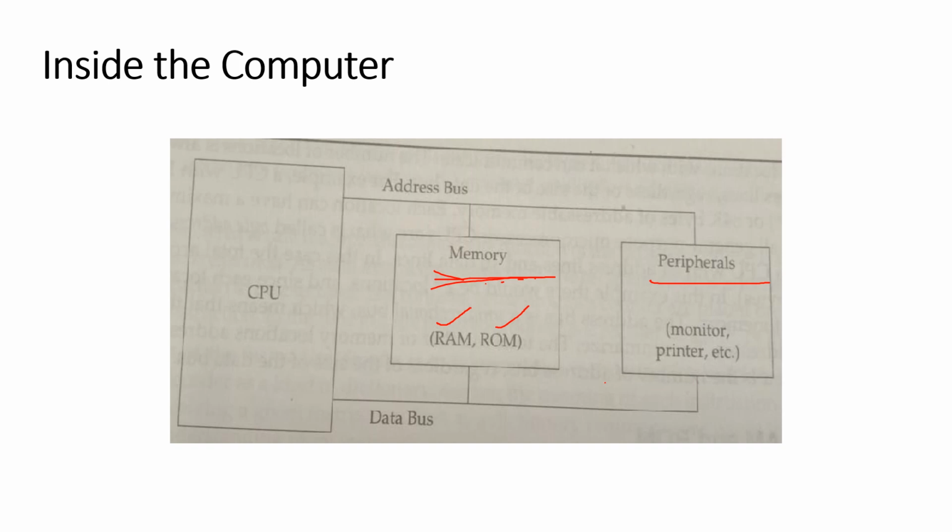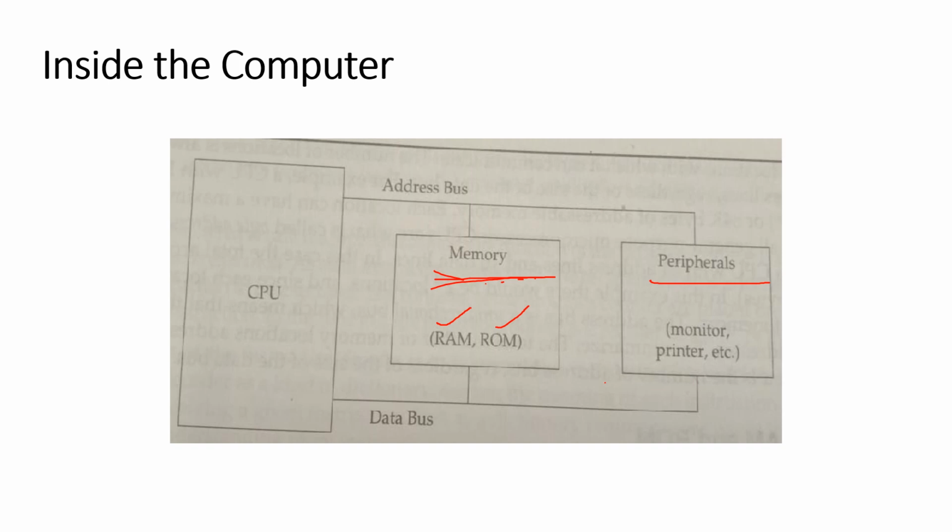Now, in order to send the address to the specific location, we make use of a bus. A bus is the one which carries information from one place to another place.